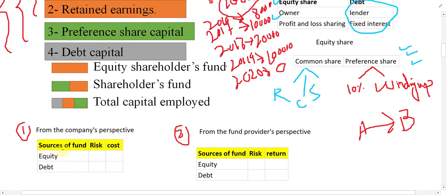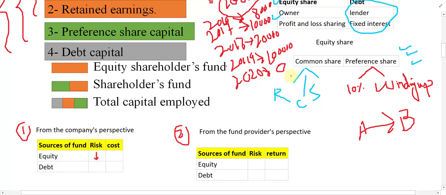That is why I have mentioned three columns: one for source of fund, the next for risk, and the next for cost. In the case of equity, from the company perspective, not from the shareholder perspective, risk is less. Why?